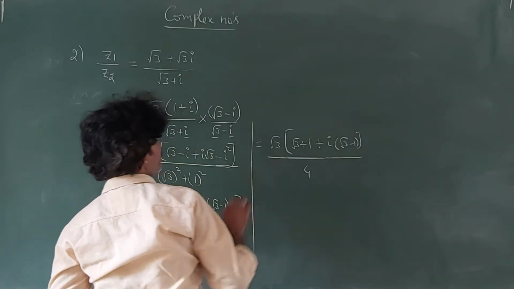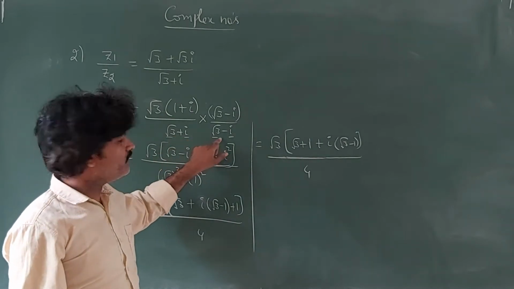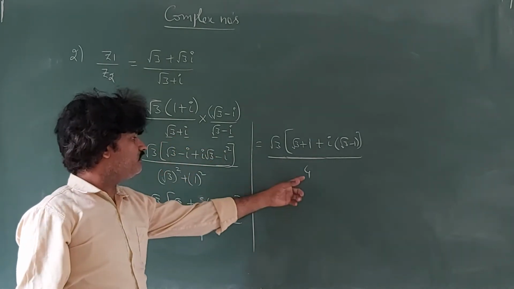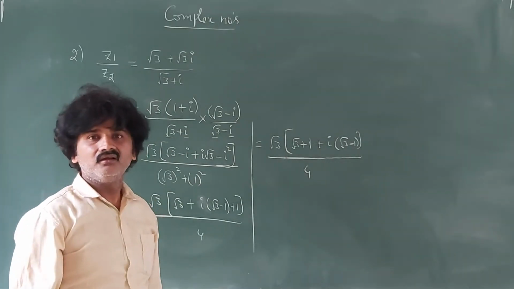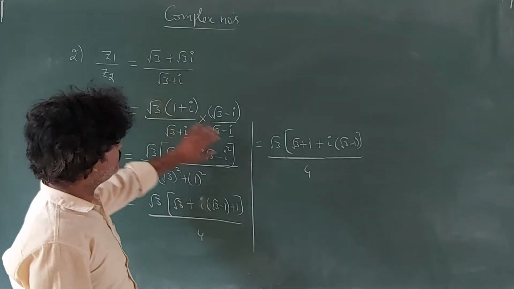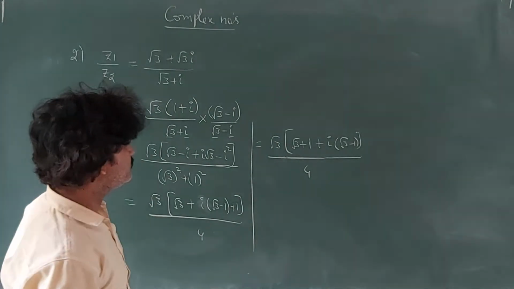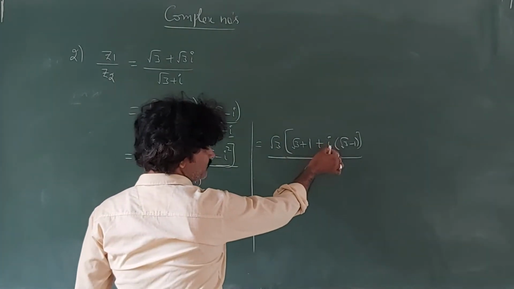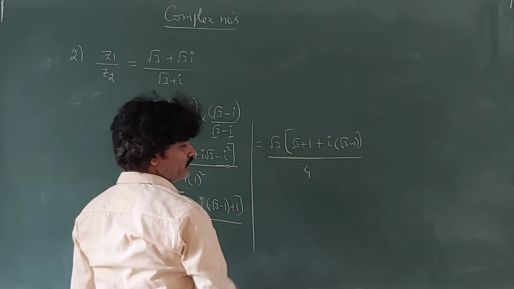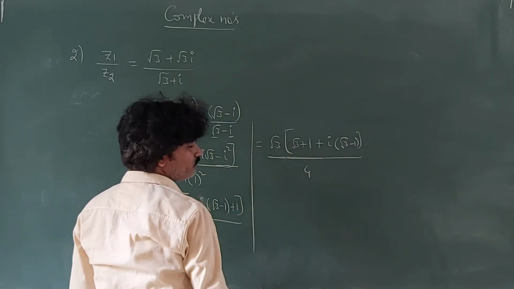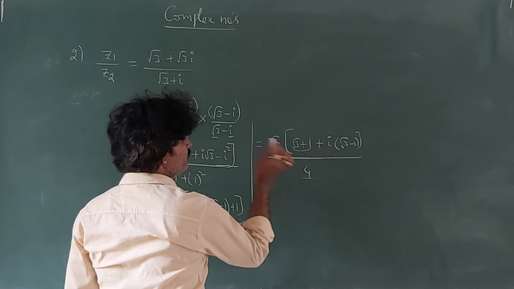All divided by 4. Now check: if you multiply with its conjugate, the denominator changes into a real number. Now you can say what its real part and imaginary part are. For any complex number, the left part is the real part. So your real part is root 3 into root 3 plus 1 by 4.